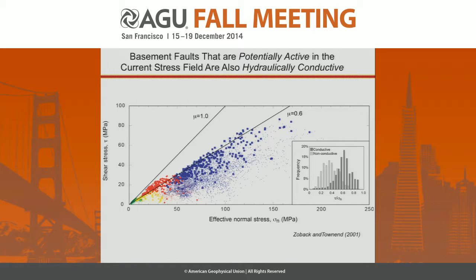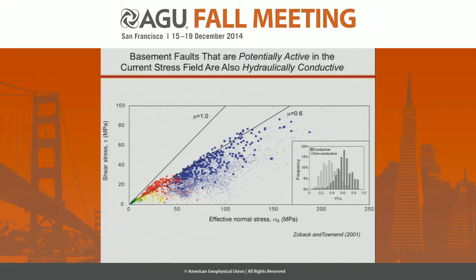So in these four boreholes, the blue is the deep KTB well in southeastern Germany, the large symbols indicate hydraulically conductive faults as detected with thermal anomalies, and the small symbols indicate faults for which there is no thermal anomaly, and therefore it does not seem to be hydraulically conductive.